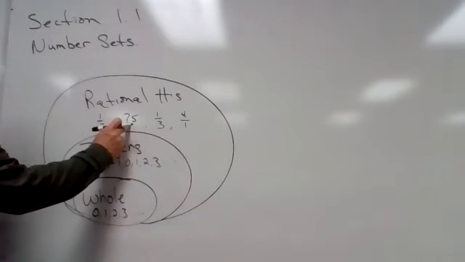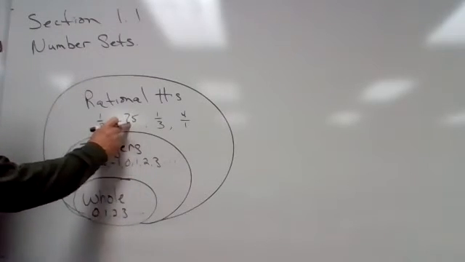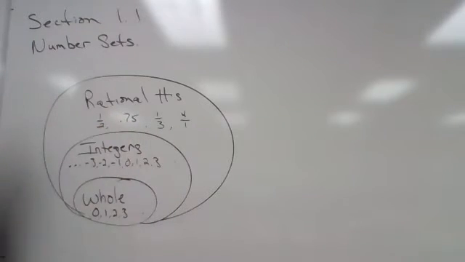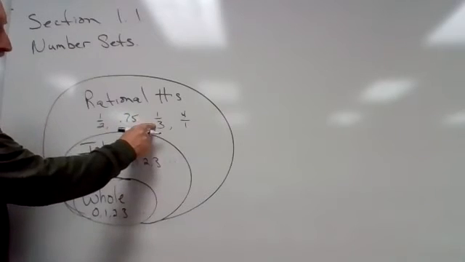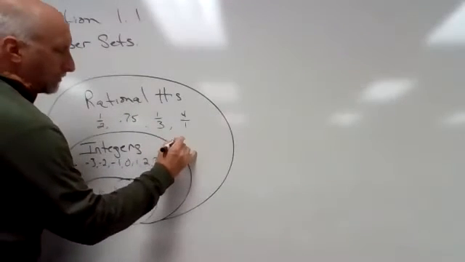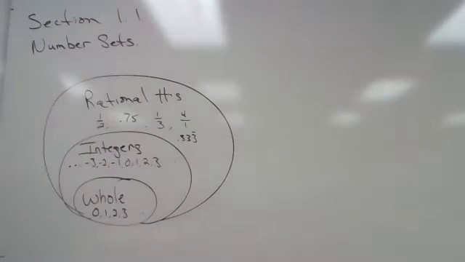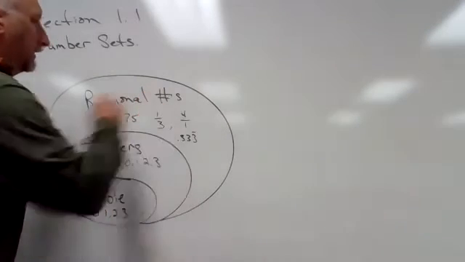And when they're written as a decimal, the decimal stops, like 0.75, or repeats, like 1/3, that decimal would be 0.333 repeating. So those are all called rational numbers, all right?